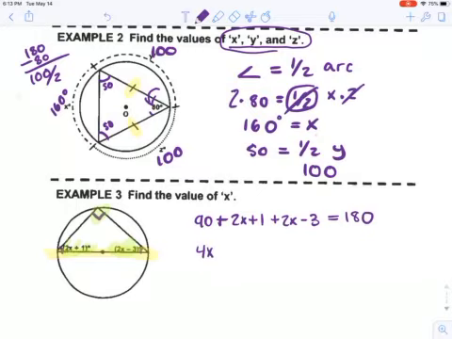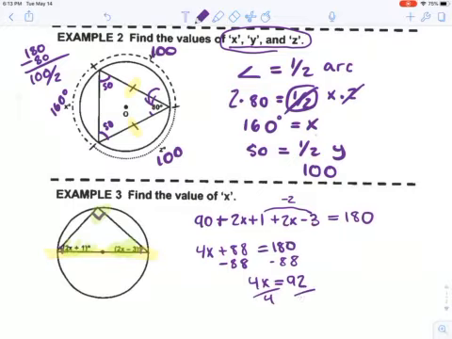1 minus 3 is negative 2. And so 90 minus 2 is 88. And so we have 4x plus 88 equals 180. Next step, we're going to subtract 88 from both sides. And you get 4x equals 92.